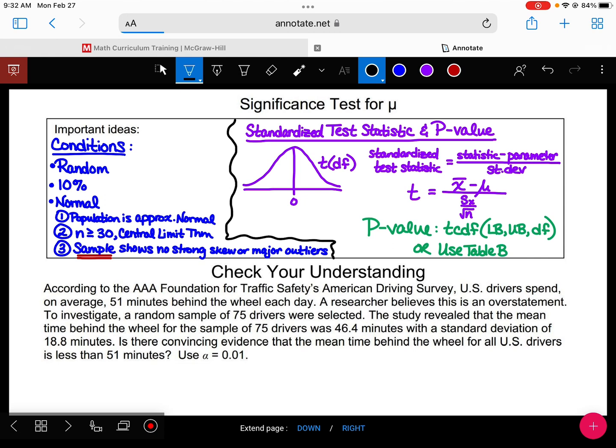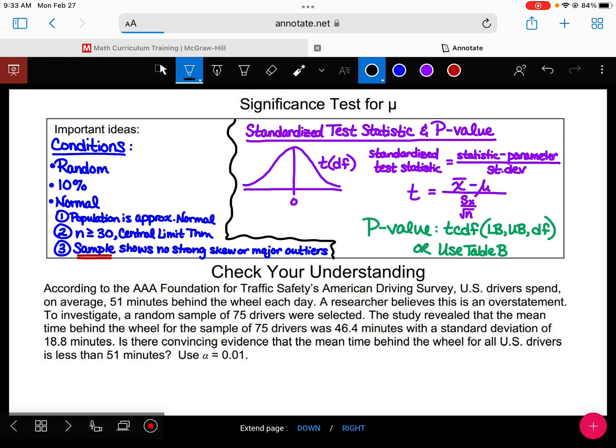When we are working with means, our standardized test statistic is T, not Z. Other than that, we calculate it exactly the same way that we would calculate a Z-score, except instead of it being a Z-score, it would be a T-score. For the p-value, it is much, much easier to use your calculator for that. TCDF, lower bound, upper bound, degrees of freedom.